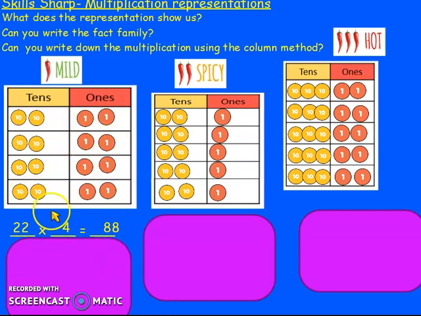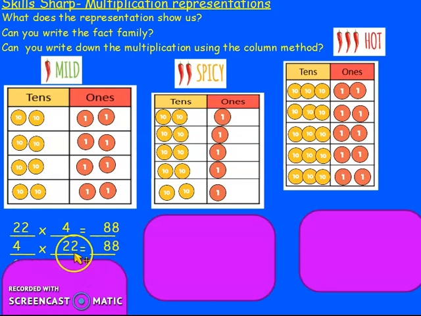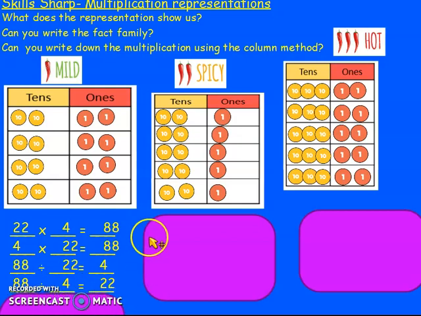Again, you can count them up or you can use your column method if you must. So 22 times 4 is the same as saying 4 times 22 equals 88. Now the division facts. 88 divided by 22 equals 4, and 88 divided by 4 equals 22.